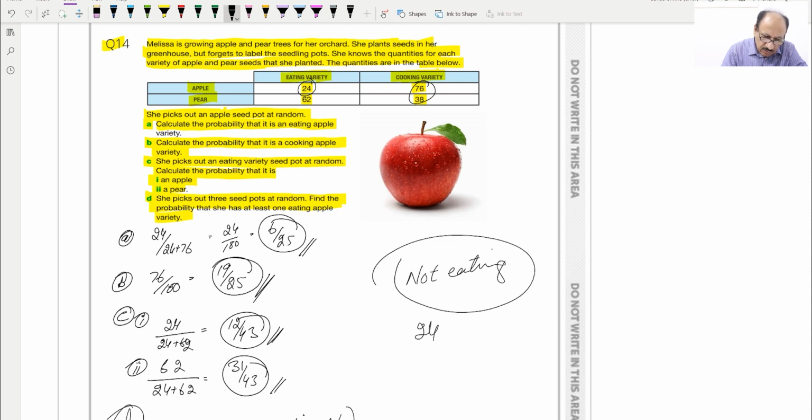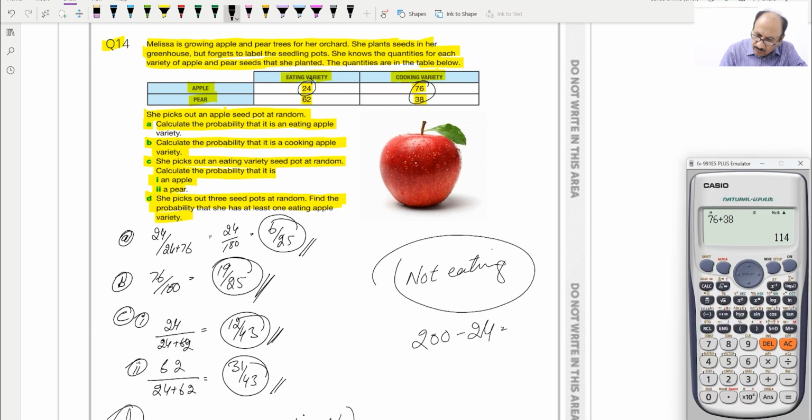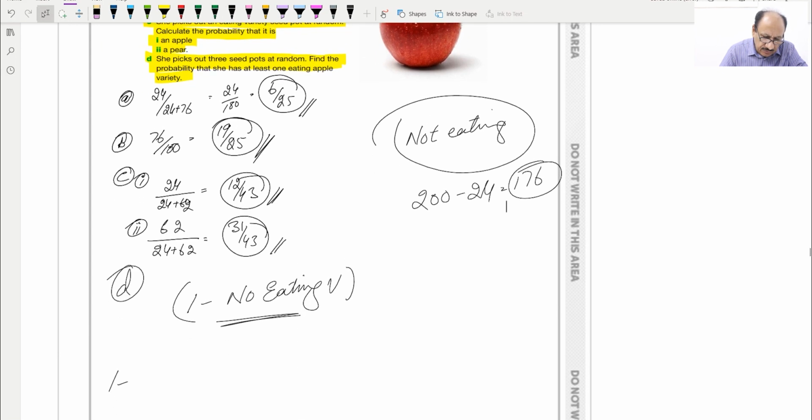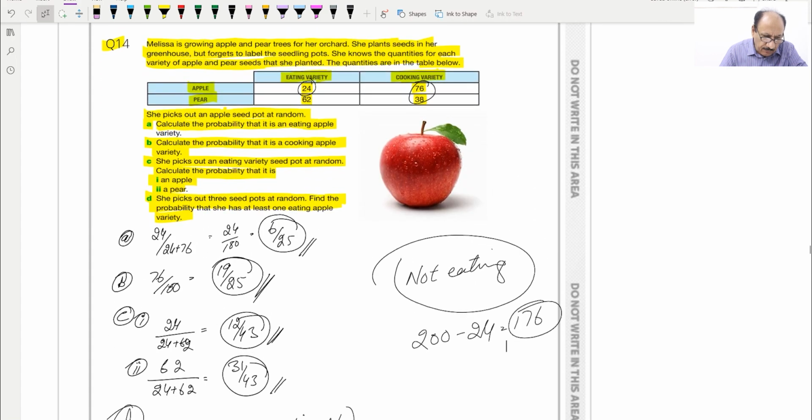Not eating are how many? Total are 200. So 200 minus 24 will be equal to 176. So 176 are not eating apple varieties.